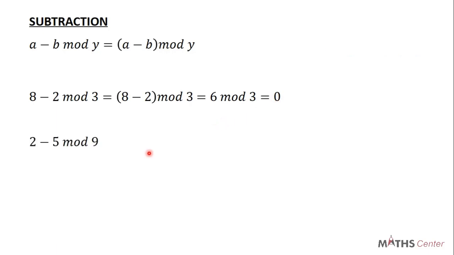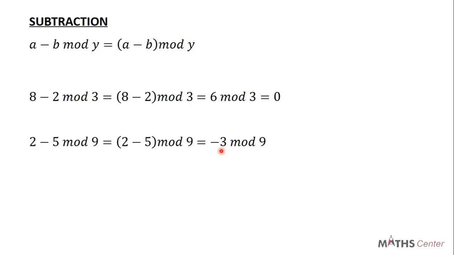Let's consider another example. We have 2 minus 5 mod 9. This will be equal to (2 minus 5) mod 9. 2 minus 5 will give us minus 3. So you have minus 3 mod 9. We have a negative number.